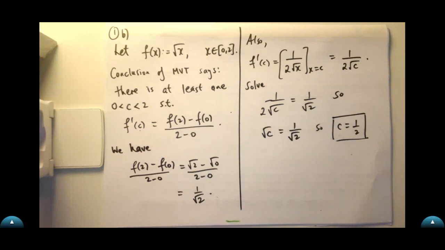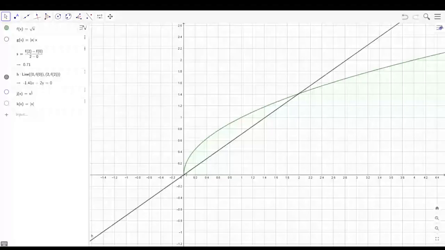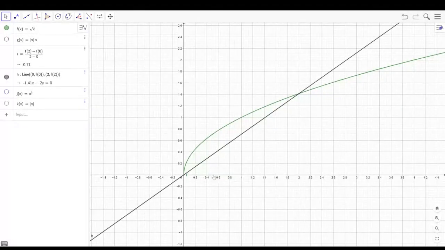So let's go back to our picture for a second. I just want to show you what's going on here. If we go to 1/2 here, about here, x equals 1/2, the slope of the tangent line there is the same as the slope of this other line.